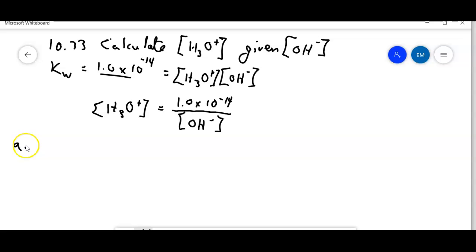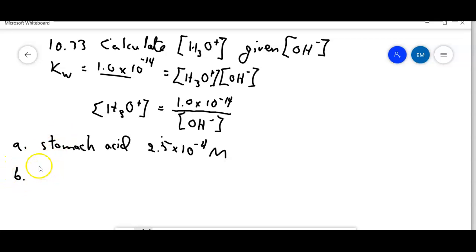So let's look through these. A, you have stomach acid, which is 2.5 times 10 to the minus 13th molar. I have that right? 2.5, yep. Urine at 2.0 times 10 to the minus 9th molar.